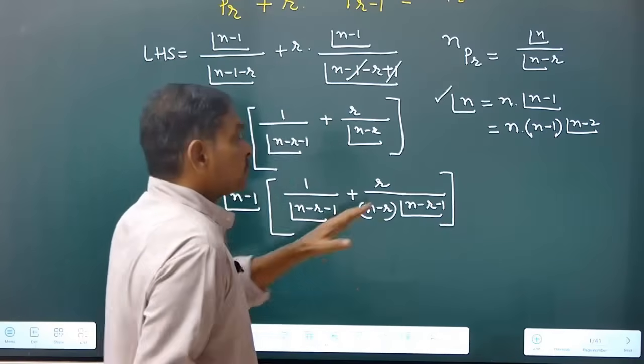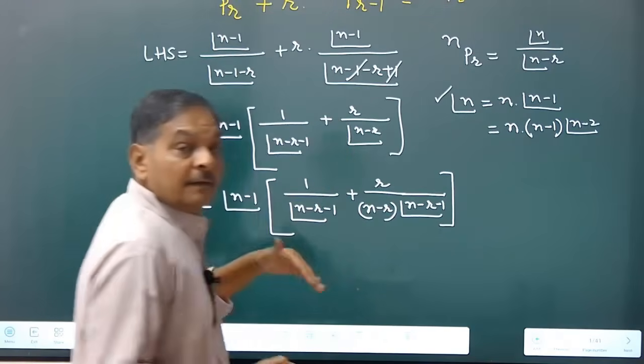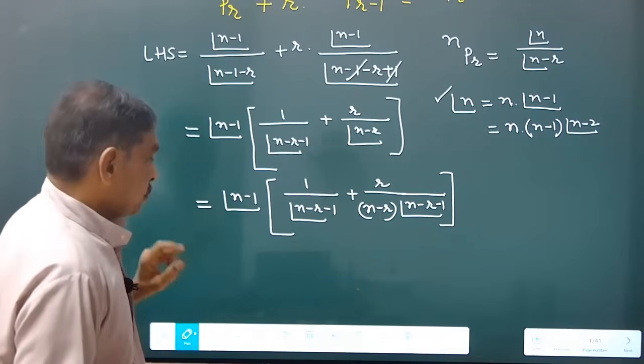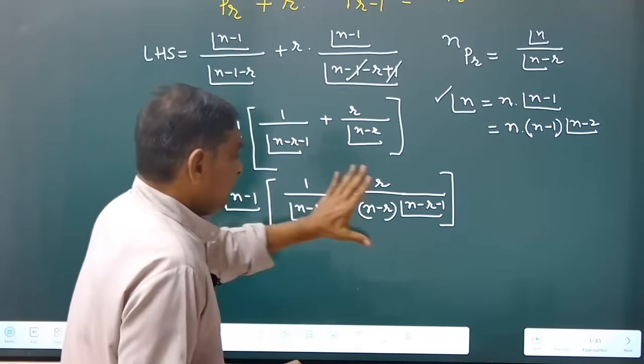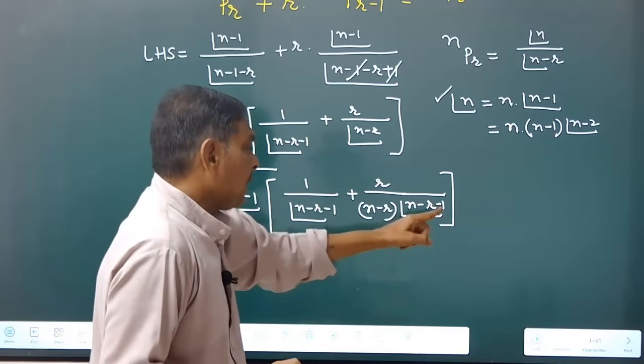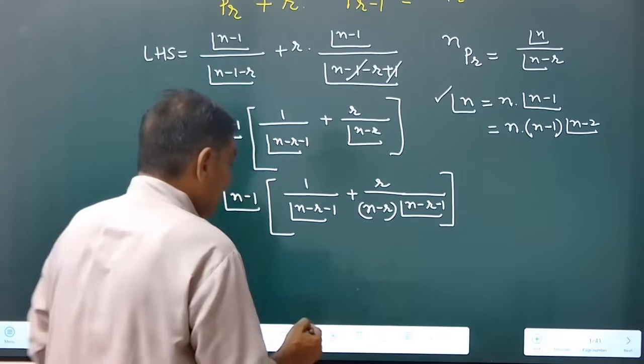Now you have understood how smartly we have used this formula, though we have solved many such questions in our course. So here, so that I obtain factorial n minus r minus 1 in both the terms, which can be taken common.